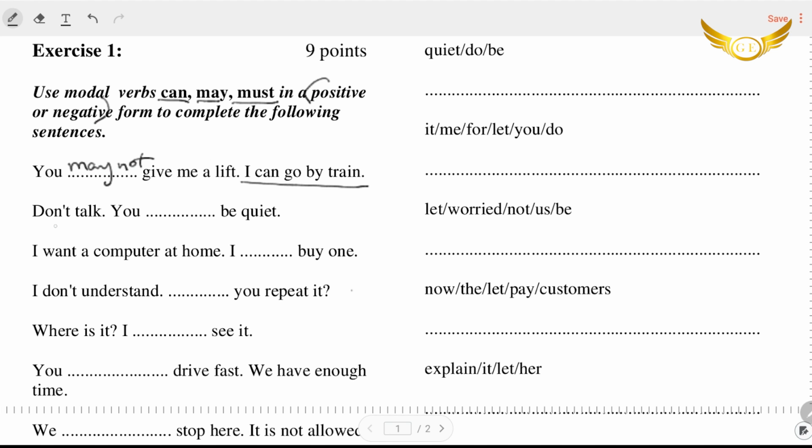The next one is, don't talk. You dash be quiet. You must be quiet. I want a computer at home. I must buy one. I don't understand. Dash you repeat it? It will be, can you repeat it? Where is it? I cannot see it or can't see it.